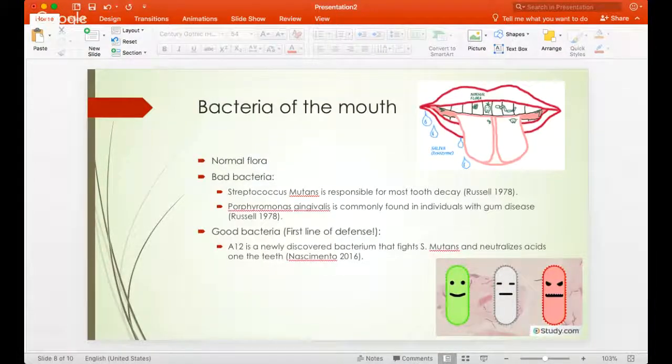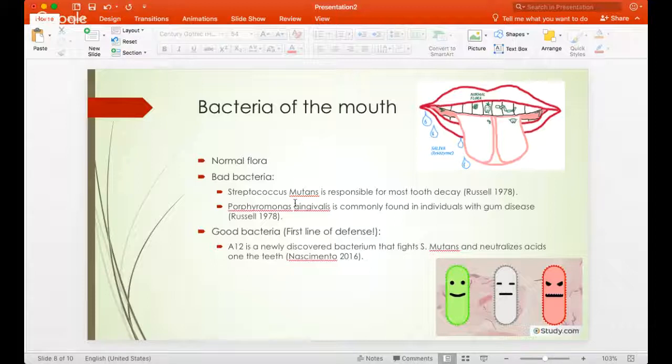So bacteria, if you've taken any microbiology classes, you know a little bit about the normal flora. It's just the bacteria that naturally grow on our body, and they can, in symbiosis, help aid in a lot of the processes of digestion, and also fight off the bad bacteria. But some of these bad bacteria, I have a few listed here.